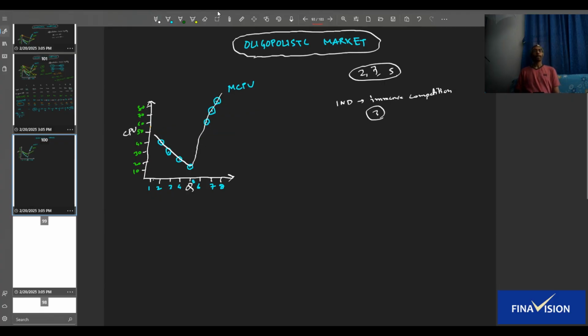So what happens in an oligopolistic market is that if there are price wars and healthy competition, the markets react much more to price increases negatively than they react positively to price decreases, which means elasticity of decrement is less and elasticity of increment is more, right?